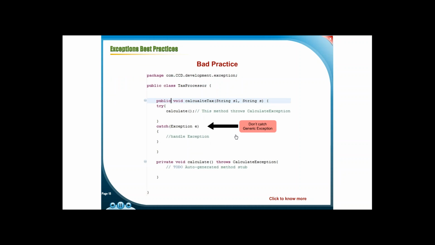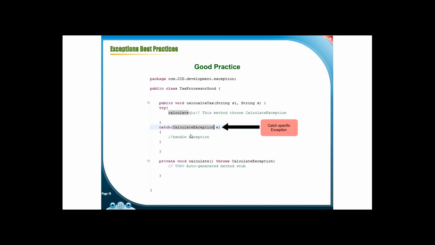So here you can see, don't catch a generic exception. That is, with a try catch block, don't mention Exception. Instead, go for a specific exception. There may be some CalculateException here, which this calculate method may be throwing. So go for specific exception catching, not general exception.